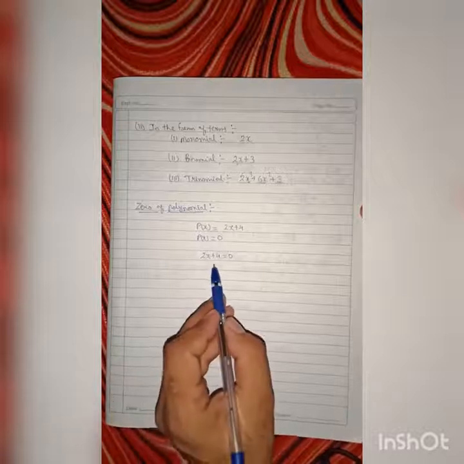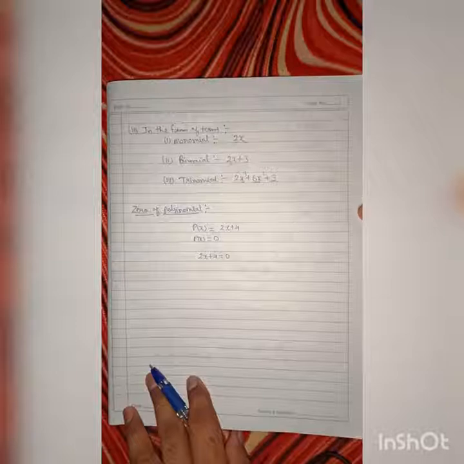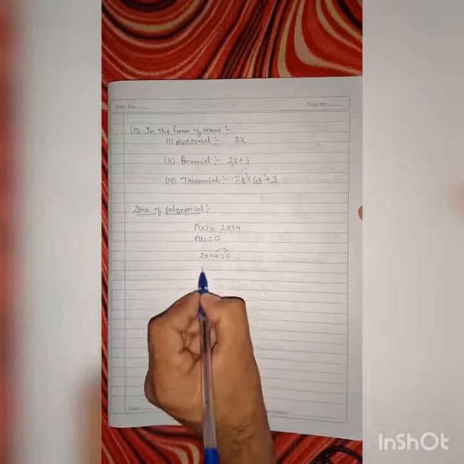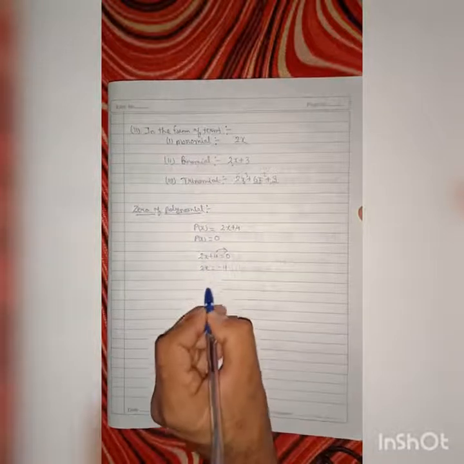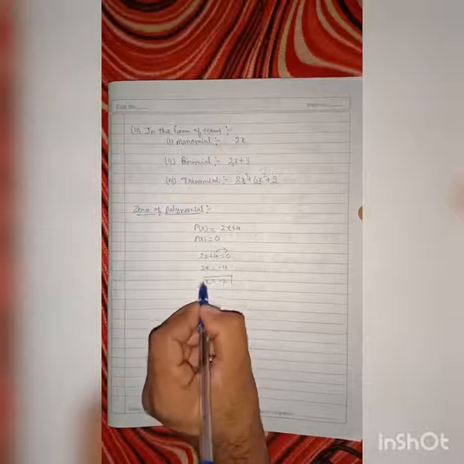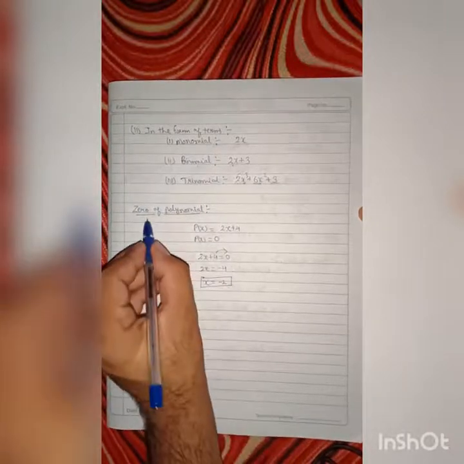Why we are doing this? Because we have to find the zero of the polynomial, and for that we have to find the value of x. For finding x, first we need to shift 4. So 2x equals to minus 4, and finally by solving this we'll get x equals to minus 2. So minus 2 is the zero of this polynomial.